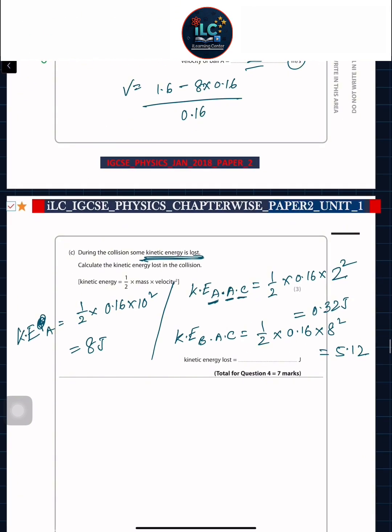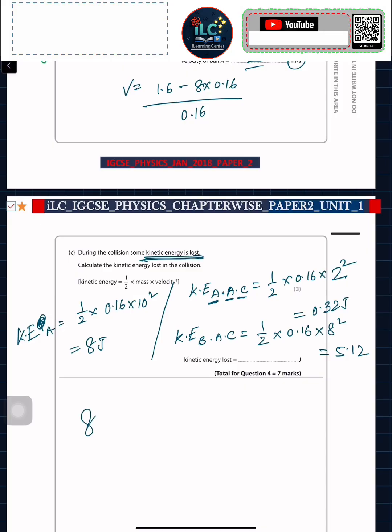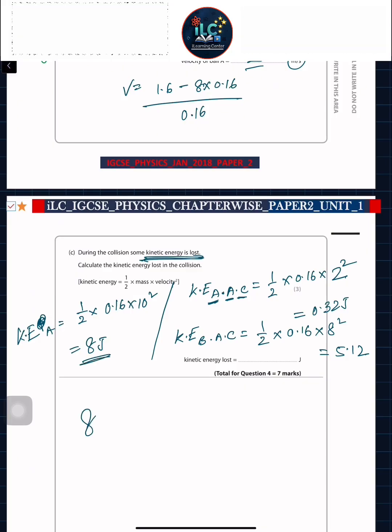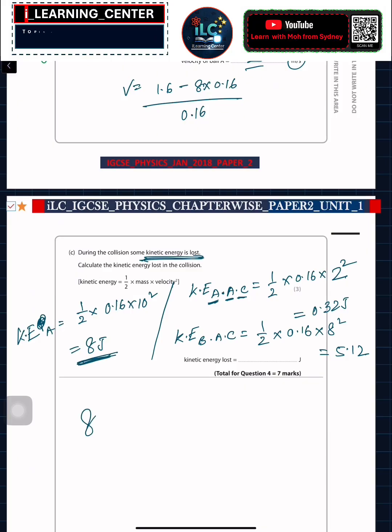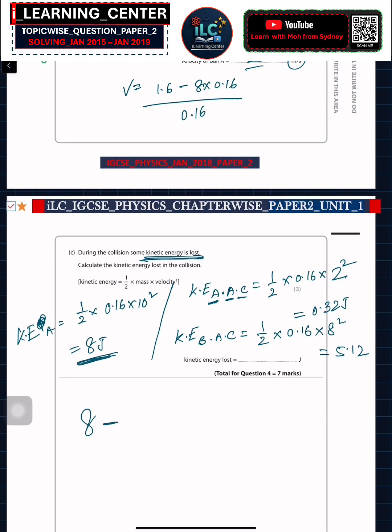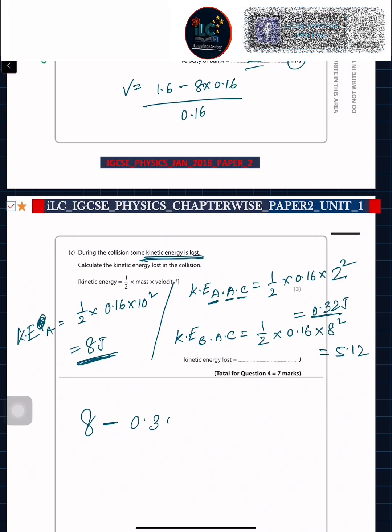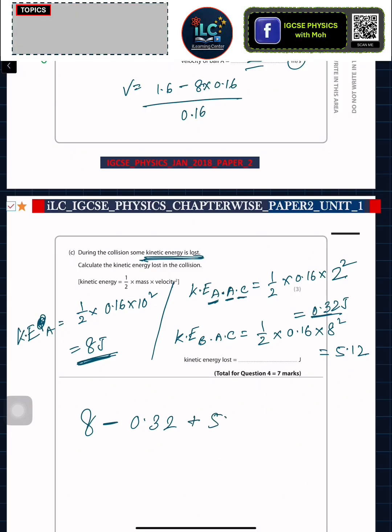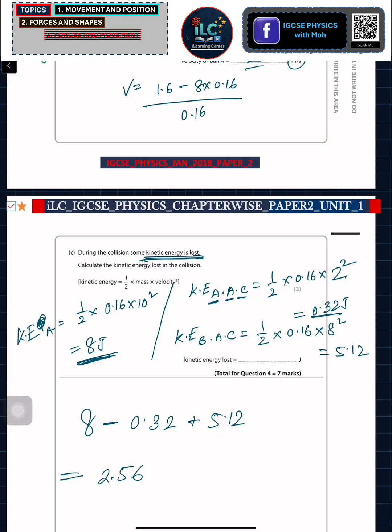Now if I want to find the kinetic energy lost, before collision my kinetic energy was 8 joules. After collision my kinetic energy is 0.32 plus 5.12, and the energy lost is equal to 2.56 joules.